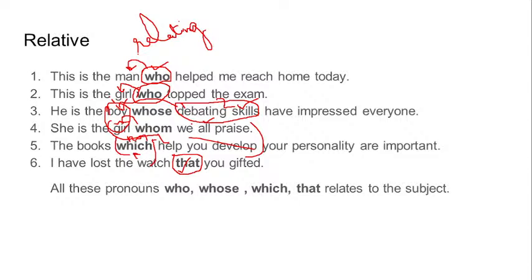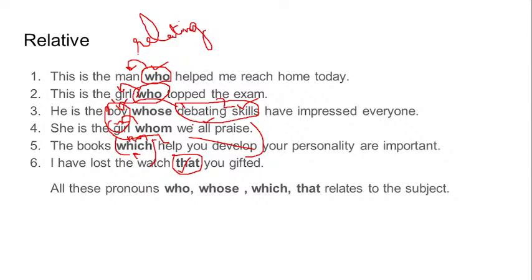The girl is praised. So you have to decide what kind of question the pronoun is answering. For whom, it will be like who has been done this, who is praised, who is called? The girl. So whom we all praise. And for whose, it is who does it belong to, whose possession is there.